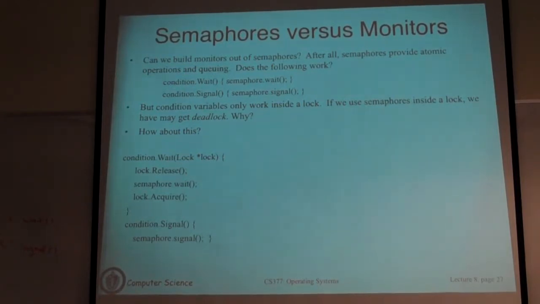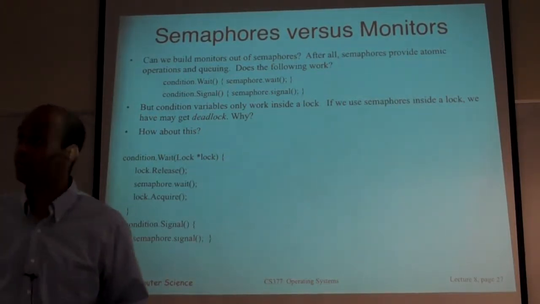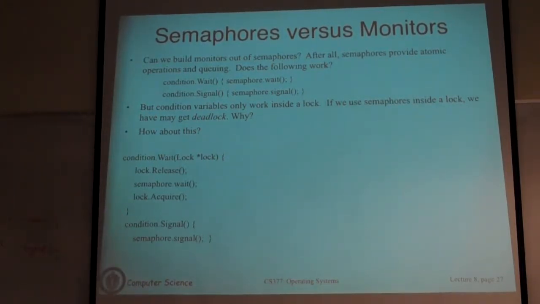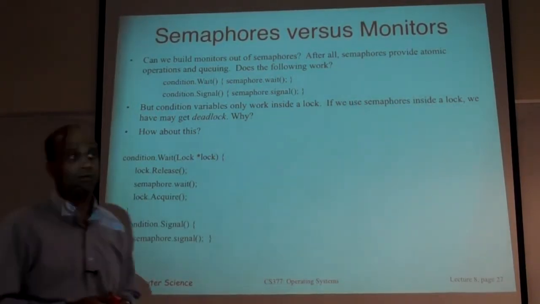In other words, if I just gave you a semaphore and said now use that semaphore to construct a condition variable, are you just going to say condition variable wait, whenever you call that, just call a wait on the underlying semaphore? If I just have a condition variable signal, would I wrap that around a semaphore signal? Is that going to allow you to take a semaphore and implement a condition variable?